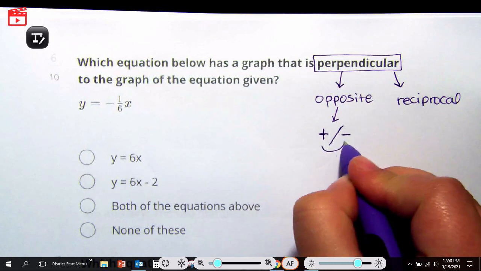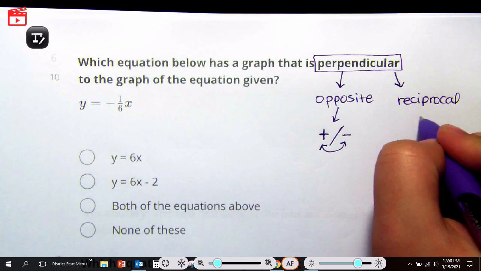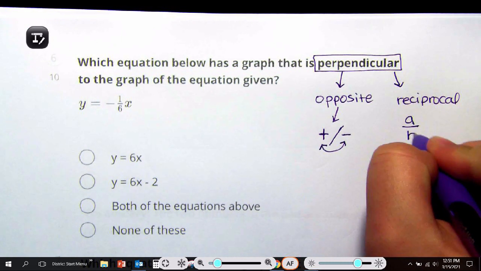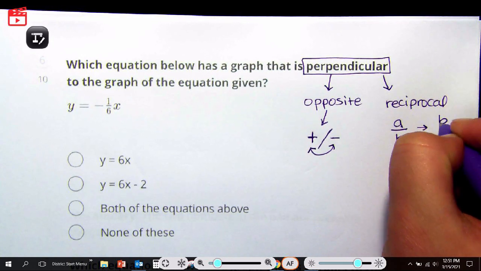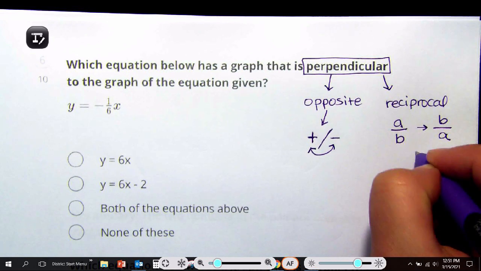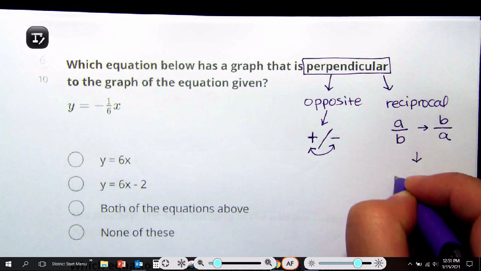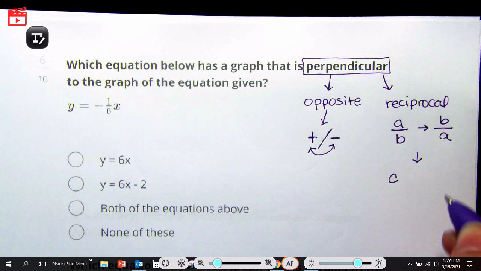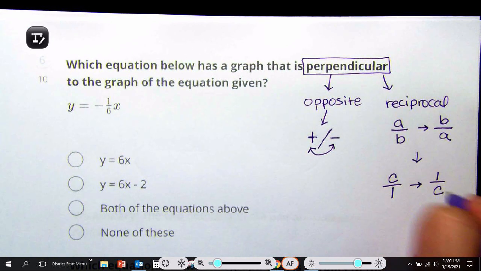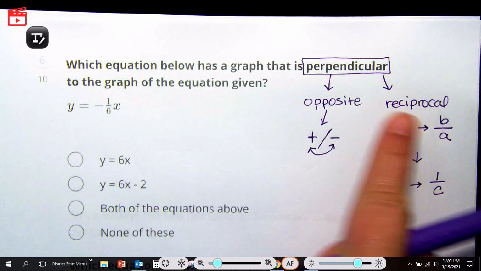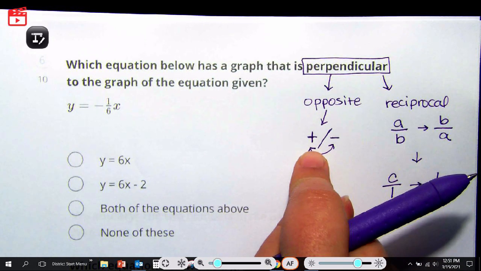If it's a minus, you need to make it into a plus. Reciprocal means you take the fraction, if it is a fraction, and you flip it. Now, what happens if you don't have a fraction? If you have like, I don't know, like C. C is not a fraction. Well, you're going to put a 1 underneath that and then flip it over. So you need to flip the fraction and make it opposite on the symbol.